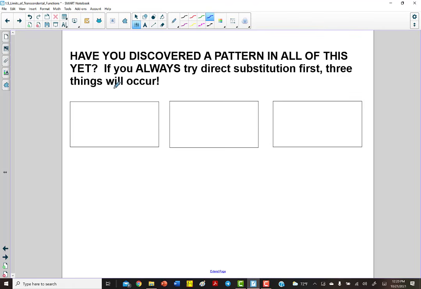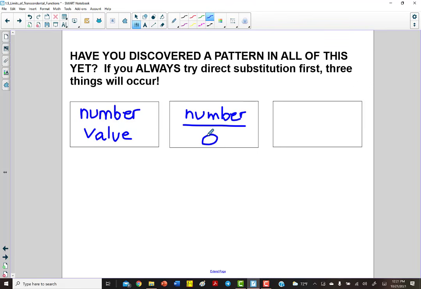So our question is, have you discovered a pattern in all of this yet? If you always try direct substitution first, 3 things are going to happen. You're either going to get a number value, you're going to get a number that's divided by 0, so a number in the numerator and a 0 in the bottom, or we're going to get 0 divided by 0.